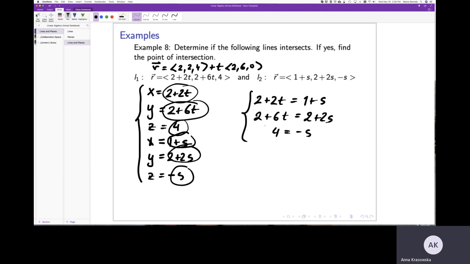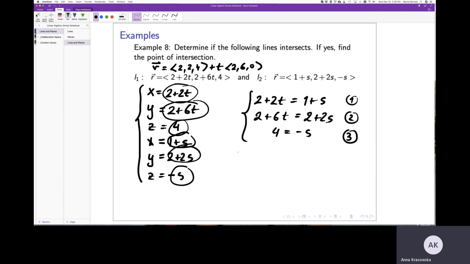Now we have 3 equations with 2 unknowns. We already know from equations 1, 2, 3. I don't want to write an augmented matrix, but it's also an alternative. You just make sure you collect t's and s's on one side and constant terms on the other side.